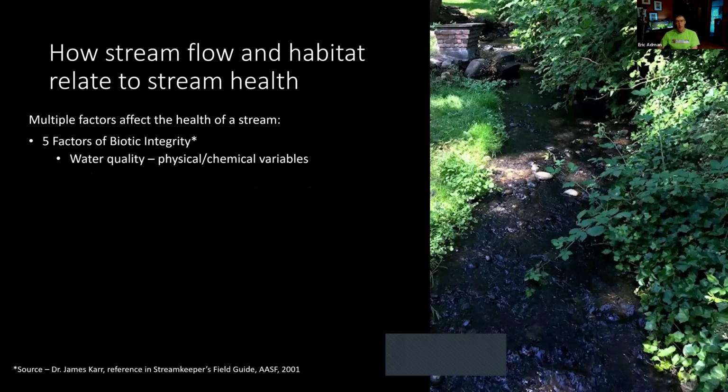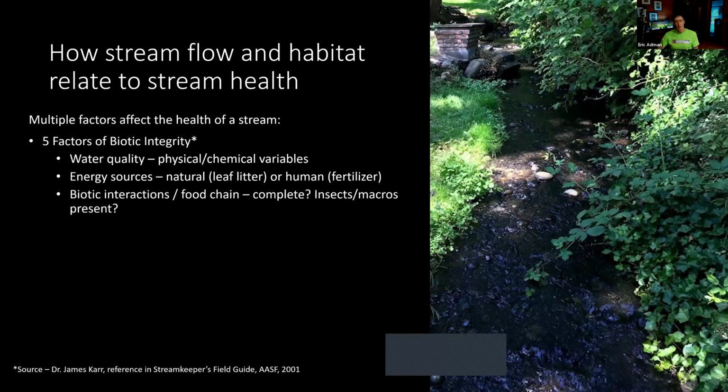Different things related to the biotic integrity, or the health of a stream, include water quality, like physical and chemical variables, and also energy sources, otherwise known as the food chain. What's happening in that food chain? Are there broken links? Like for instance, you need leaves to fall into the water, you need algae to grow, you need insects to feed on that, and then fish to eat that, and so on.